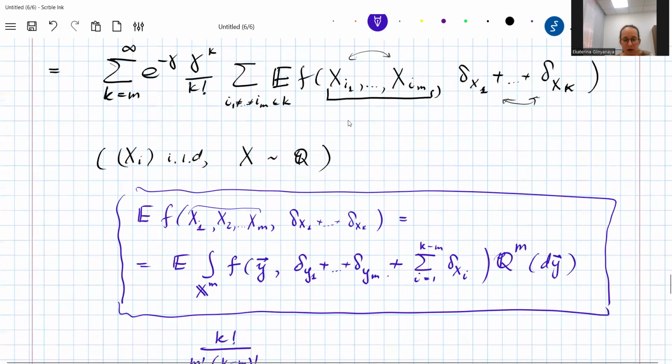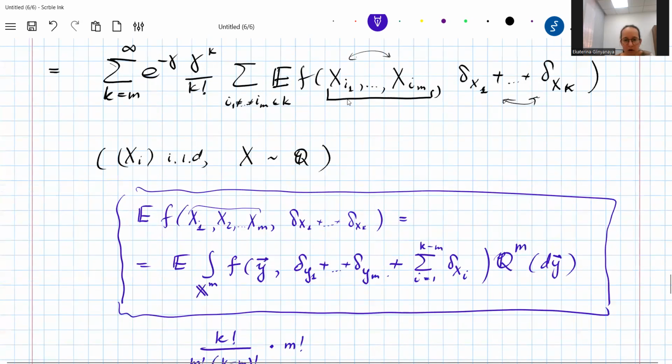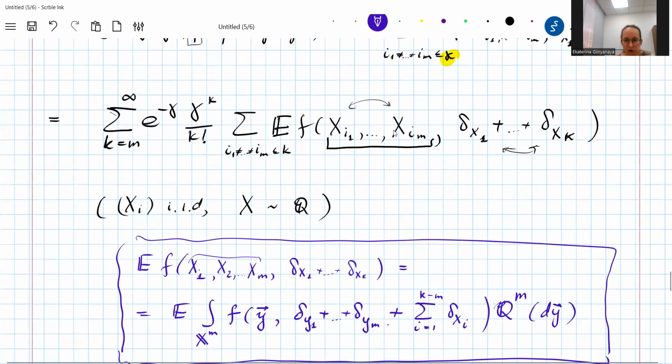And since they are all the same, the answer does not depend on the order, so we add them all together. So we multiply by m factorial as well. So we have this number of summands that I substitute here.